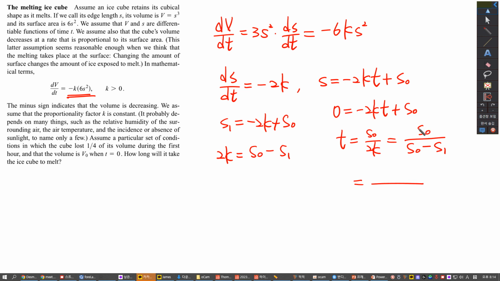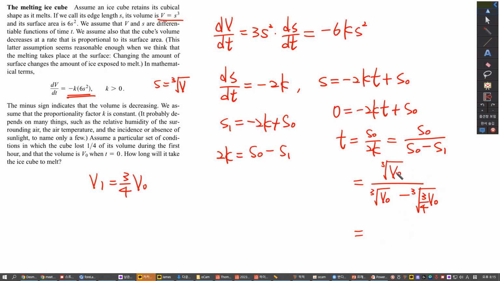So let's say original volume is V0. And then according to this equation, S is the cube root of the volume. So we need to use the cube root here. And S1 means, because V1 is 3/4 of V0, we can change S1 to cube root of 3/4 V0.